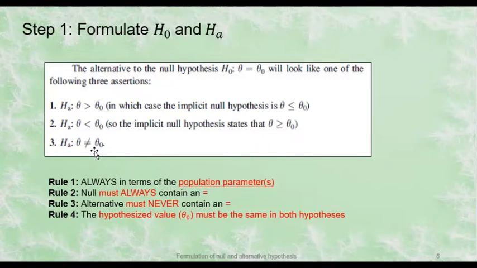And we have 4 rules to formulate H0 and HA. We must always use the notation of the population. The null hypothesis must always contain the equal sign. The alternative must never contain the equal sign, and the hypothesized value theta 0 must be the same in both hypotheses. You can see here that H0 is theta equal to theta 0, and in all of these alternative hypotheses we have theta 0.